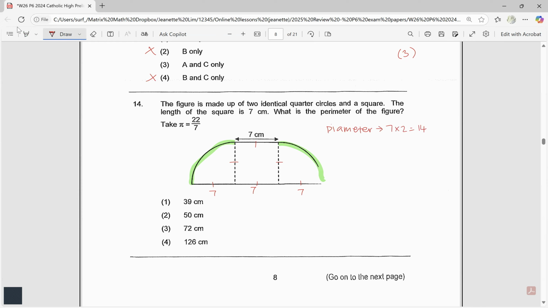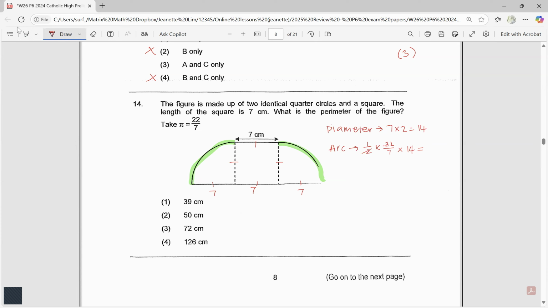Okay, 14 cm. So for the arcs of the two quadrants, because it's two arcs, right? Two arcs will give you one semicircle, so I use half. Half times pi times diameter. My pi is 22/7. Diameter is 14. Now without a calculator, can do this.